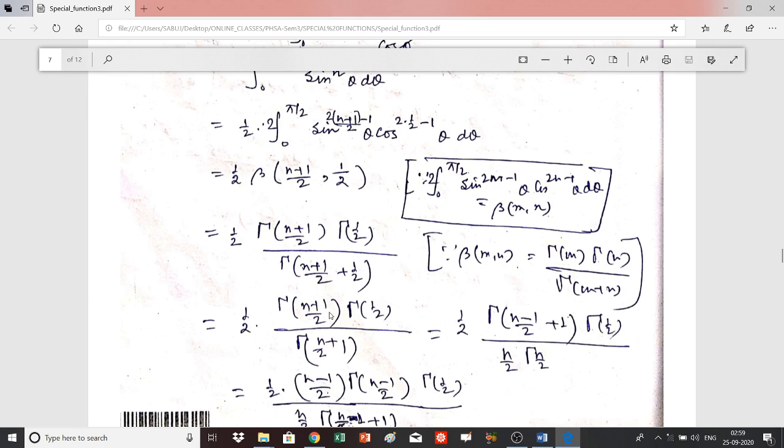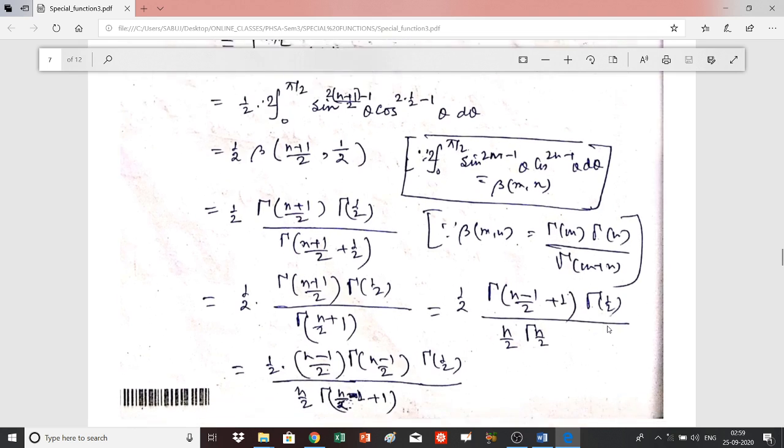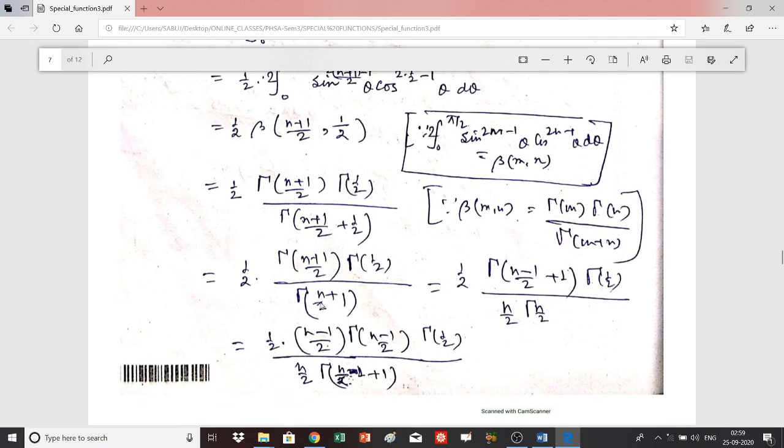Just compute, this will give you this result. And this term is here, gamma half, and you know that gamma n plus 1 is equal to n gamma n, so it can be written as n by 2 gamma n by 2. And then from here half, then you know that gamma n plus 1 is equal to n gamma n. So n minus 1 by 2 will be here, and gamma (n minus 2 by 2) is here.